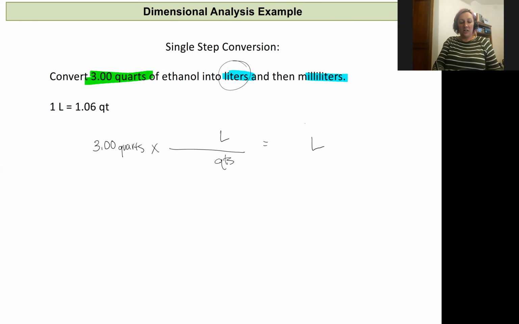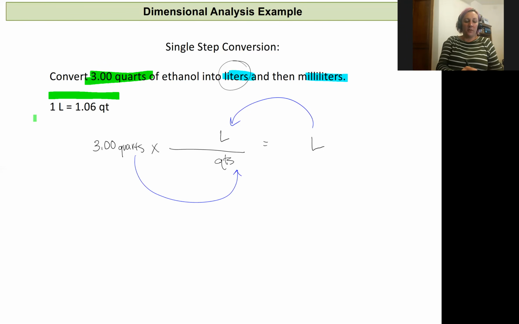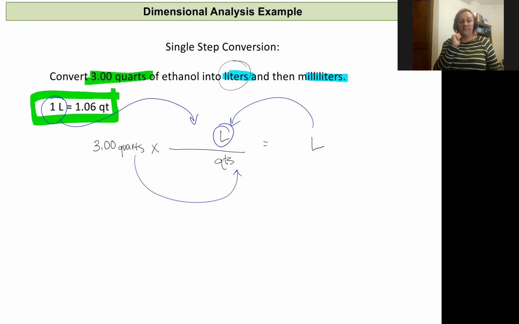So the unit I want to end up with is on the top, and the unit I want to get rid of is on the bottom. Now I'm going to use this conversion factor right here. And to make sure I don't flip these, I'm going to make sure that this 1 liter ends up with my liter unit on the top, and I'm going to want to make sure my 1.06 quarts is with my units of quarts in my conversion factor.